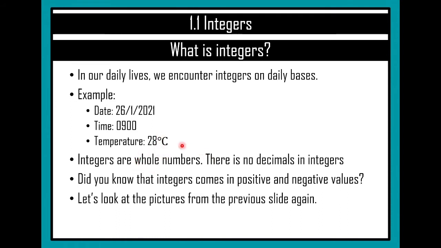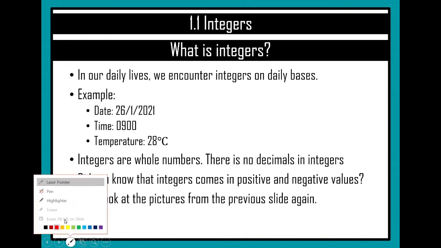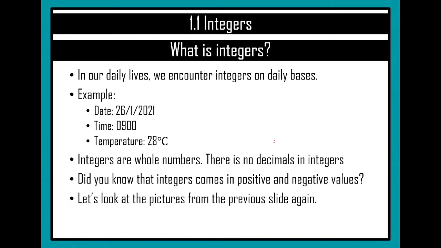So integers are whole numbers. Okay, there is no decimal. Also, there is no fraction. Okay, so these are integers. Other than that, if I say 3 kilogram, this one is integer.